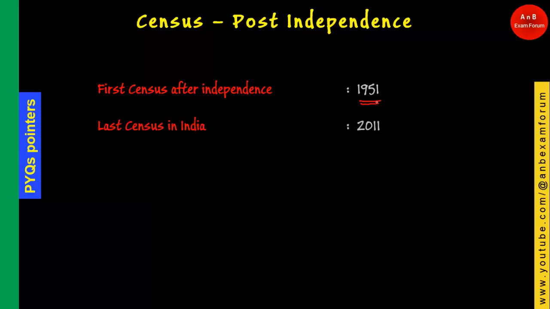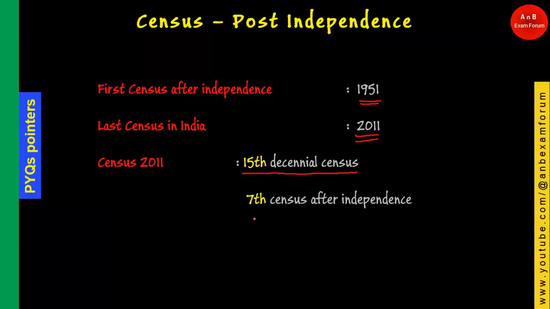The next one is the last census. The last census which was conducted by India is in 2011, and the 2011 census was the 15th decennial census, which is the 7th after independence. So the 2011 census was the 7th census after independence, and overall the 15th decennial census since the beginning.